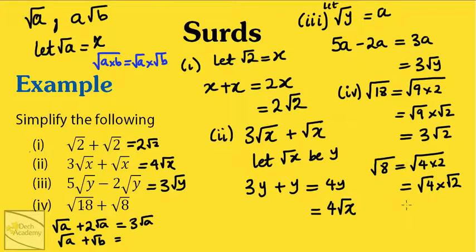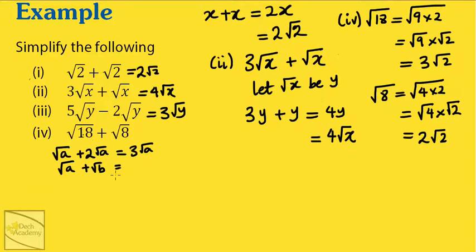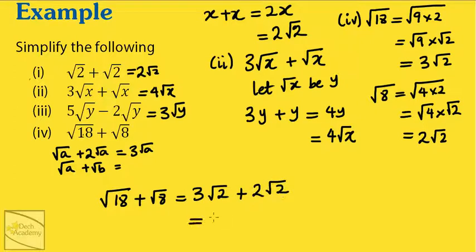So moving on, what's the square root of 4? That's 2. 2 times root 2 is 2 root 2. So the given problem, the square root of 18 plus the square root of 8, is the same thing as 3 root 2 plus 2 root 2, which is equal to 5 root 2.